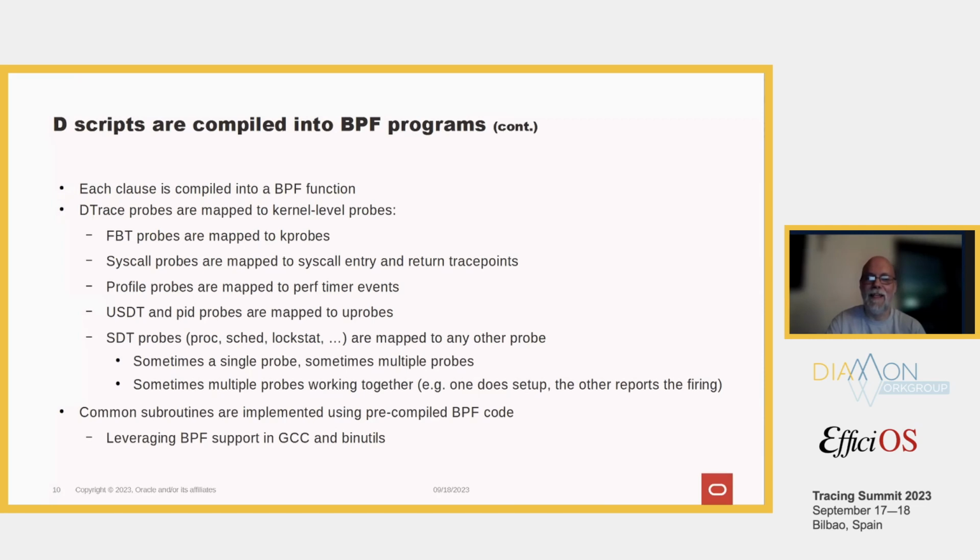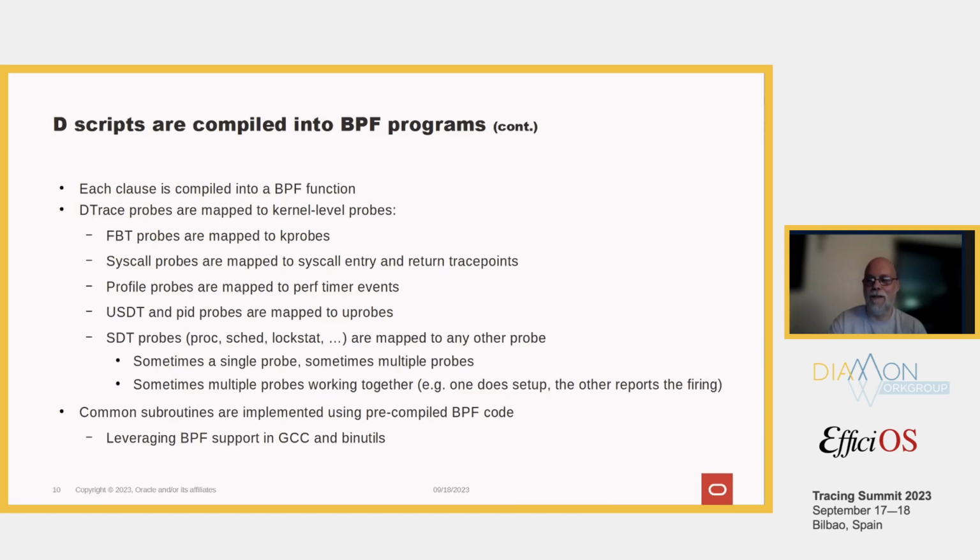So that's a technique we found to be working fairly well, and it has taught us a whole lot about working with BPF. And then we also have some common subroutines that are implemented using pre-compiled BPF code using the BPF support in GCC and binutils that Jose's team has contributed. And that has been a really big benefit for us because it's code that is not dynamic.